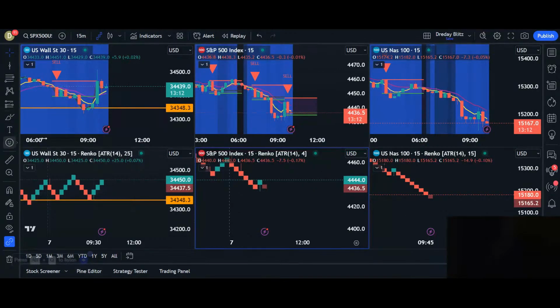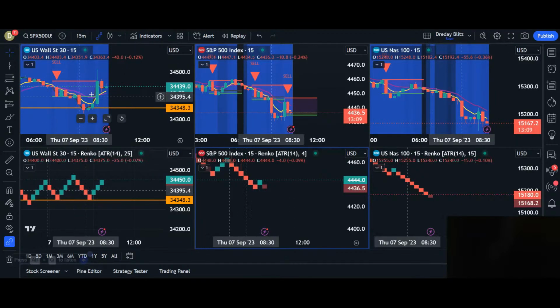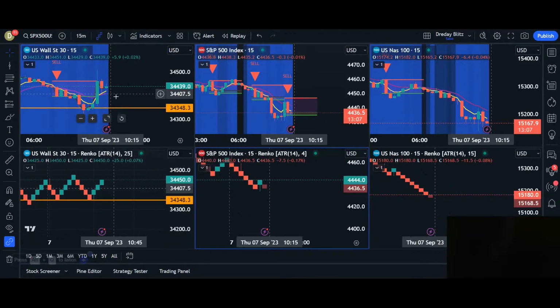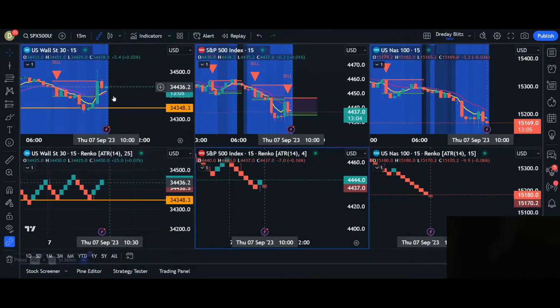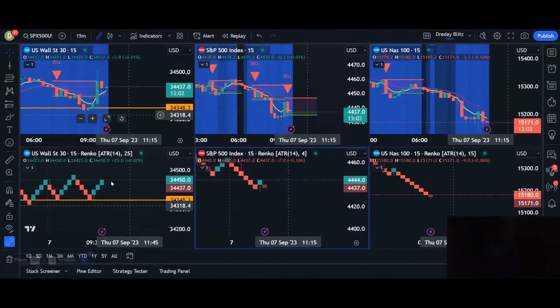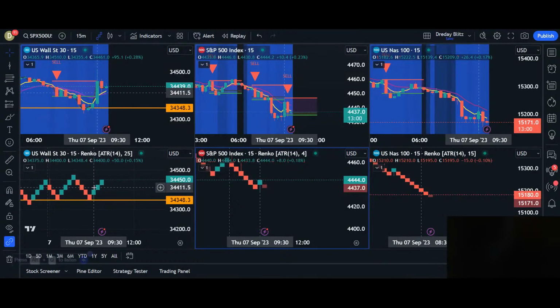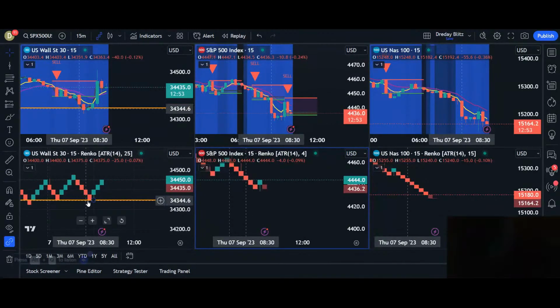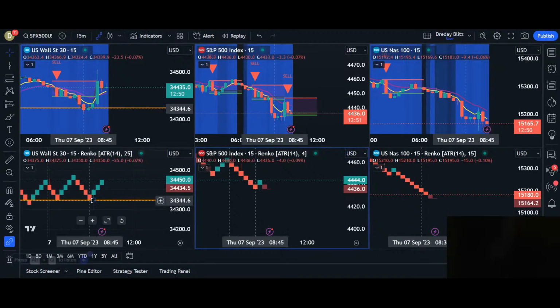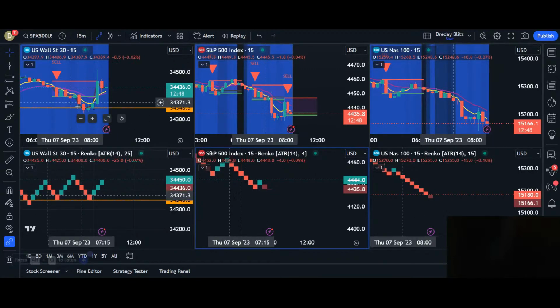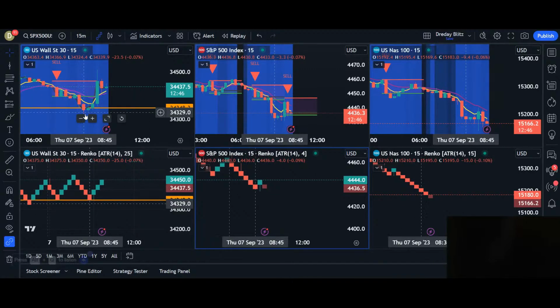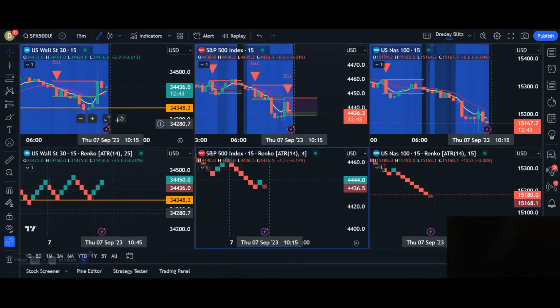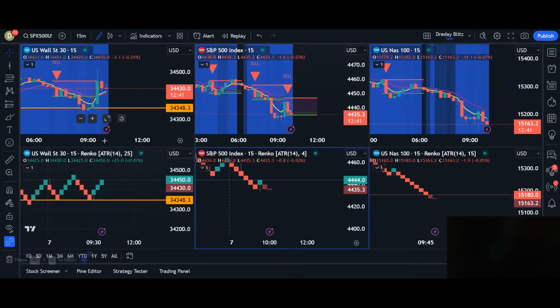And for the US 30, we had a signal at 9:30 for a buy. So right now it's still in profit. We're still looking for bullish momentum here based off the Renkos. And like I said, the stop loss would be at the bottom of the previous swing, so right here. That way, it's basically almost a risk-free trade, or you're going to be losing a little bit.